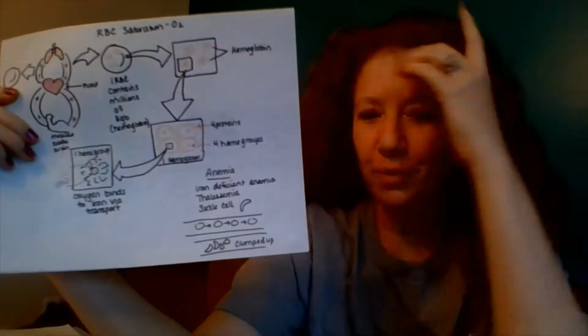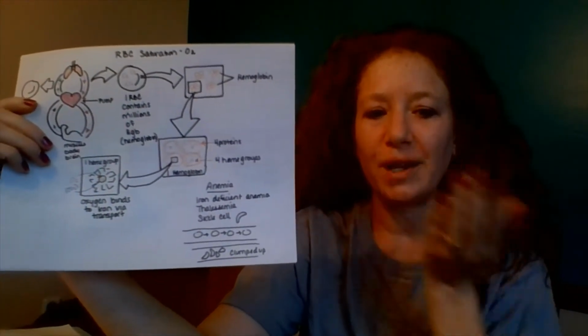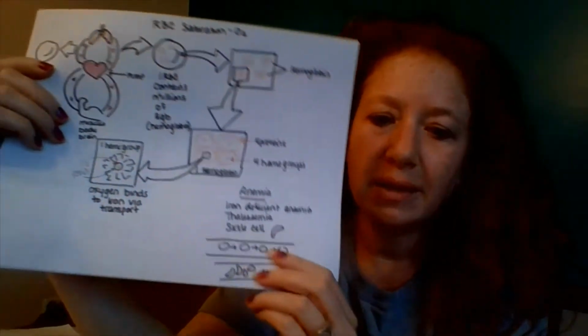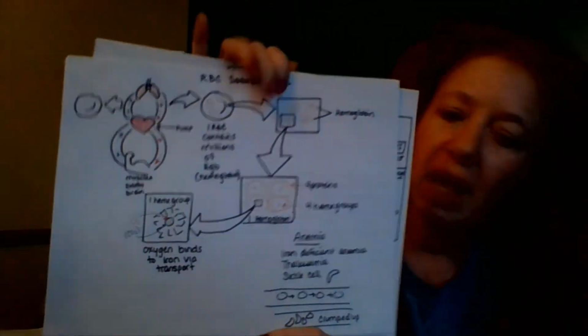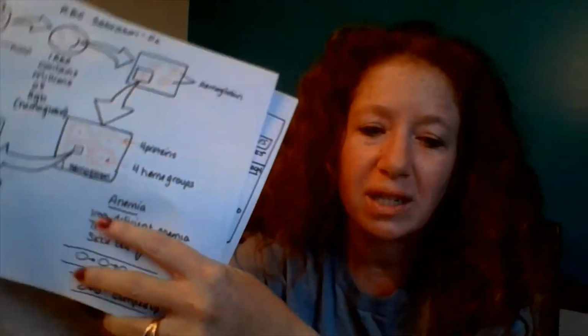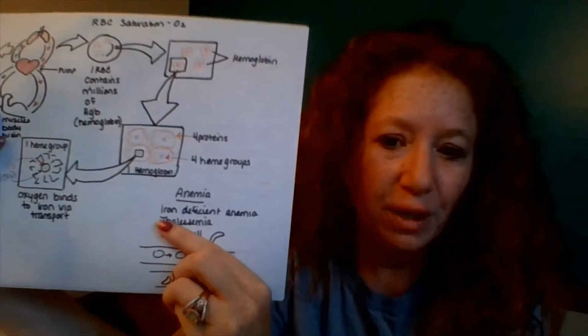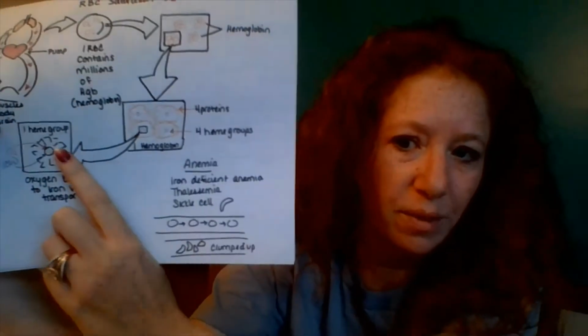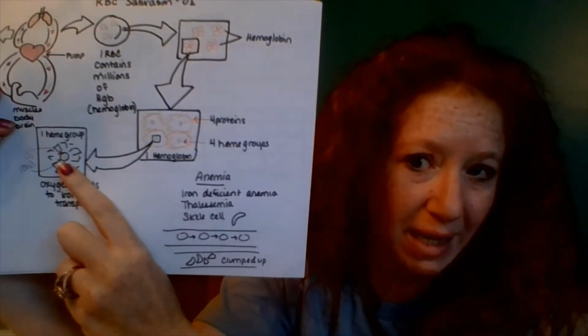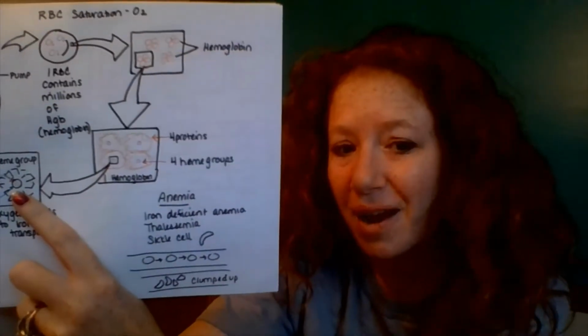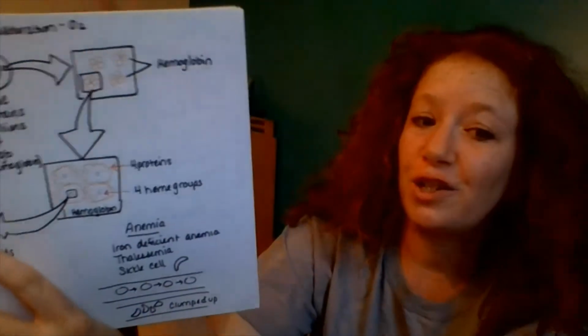So one thing that for some reason didn't work when I tried to record was about anemia. So anemia is low red blood cells. There's a lot of different types of anemias, but I just wanted to touch on a few of them. For instance, iron deficient anemia. So if there's not enough iron right here, then there's not enough space for the oxygen to bind to it.